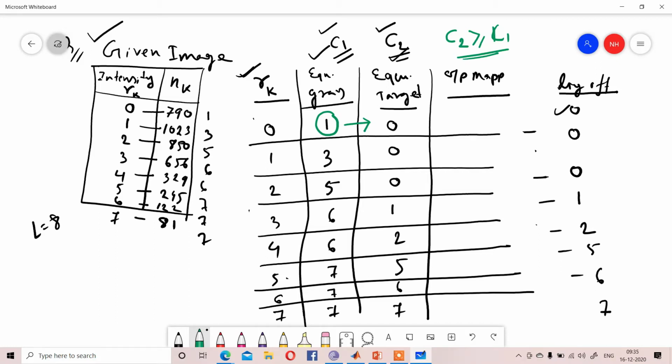If that is satisfied, then you do the operation. First, you compare your C1 value 1 with 0.